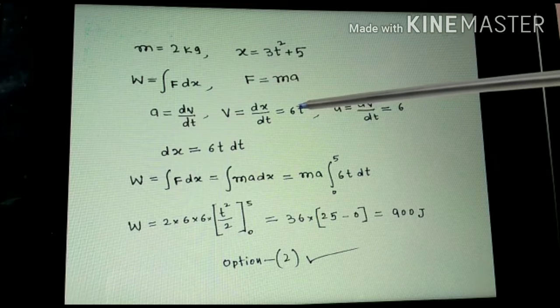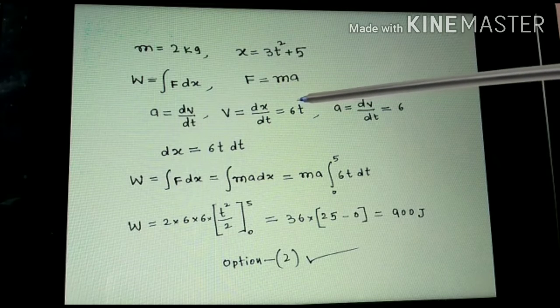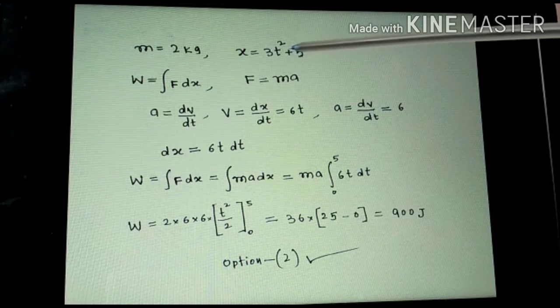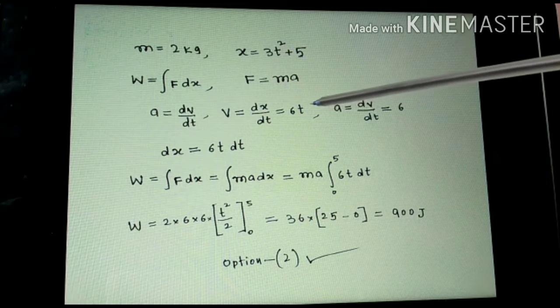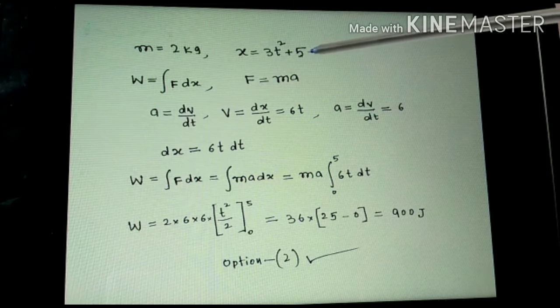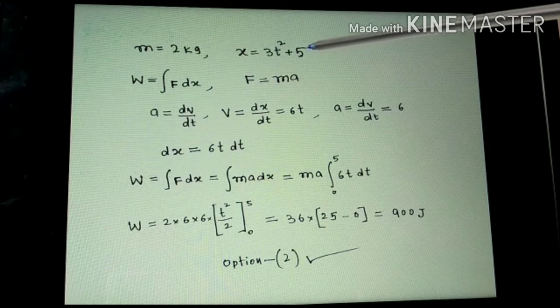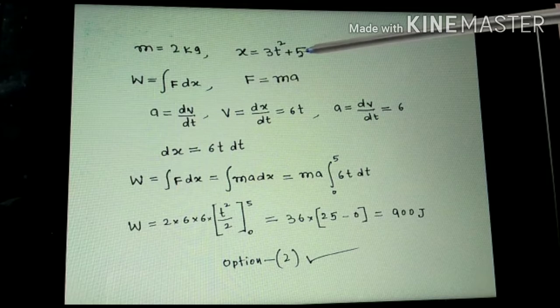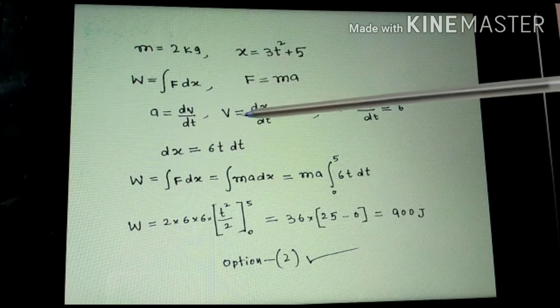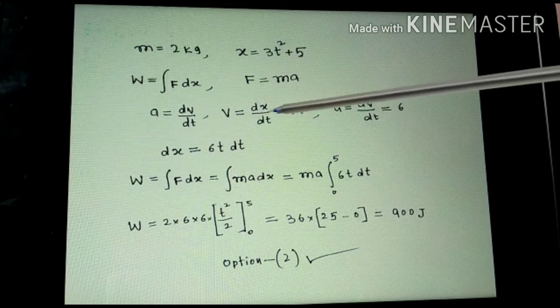So 3 into d by dt of t square, that is 2t. 3 into 2t, 6t. Plus d by dt of 5. 5 is a constant. If you differentiate a constant, it will become 0. So the velocity v equal to dx by dt equal to 6t.